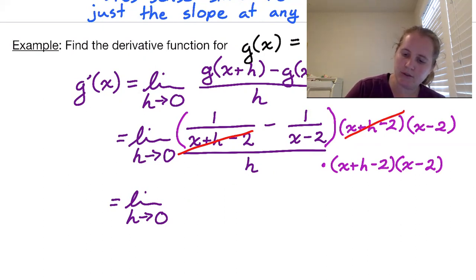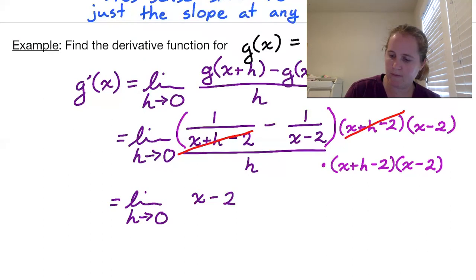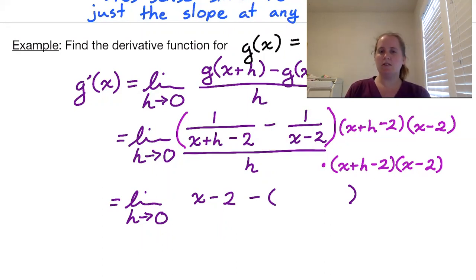Then we are subtracting, going back to the original multiplication, 1 over x minus 2 times that least common denominator.